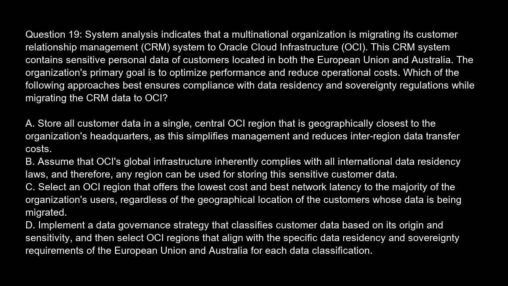Option C. Select an OCI region that offers the lowest cost and best network latency to the majority of the organization's users, regardless of the geographical location of the customers whose data is being migrated. Option D. Implement a data governance strategy that classifies customer data based on its origin and sensitivity, and then select OCI regions that align with the specific data residency and sovereignty requirements of the European Union and Australia for each data classification.